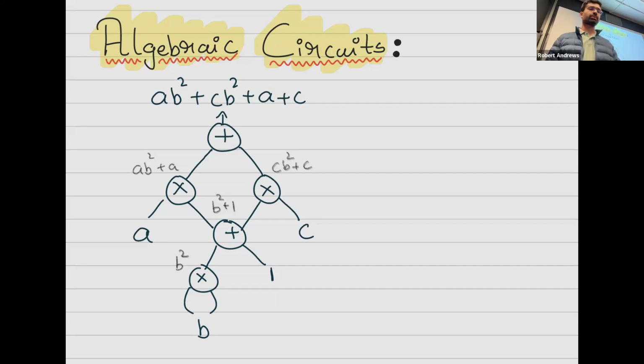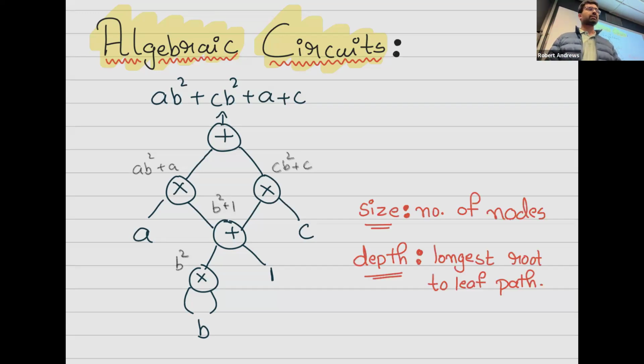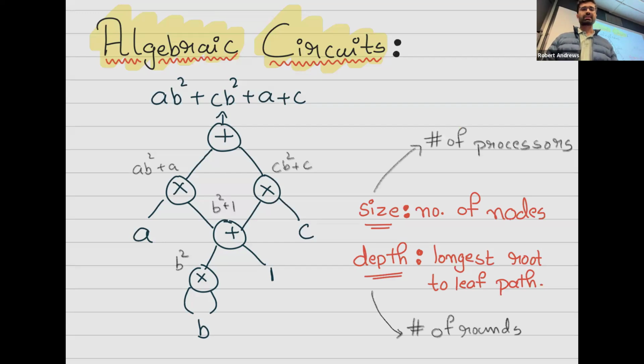For this model of computation, there are two resources or parameters of interest: the size and the depth. The size is the number of nodes in this circuit, and depth is the length of the longest root-to-leaf path. Comparing it with the language of parallel complexity before, the size corresponds roughly to the number of processors we have, and the depth to the number of rounds we have.